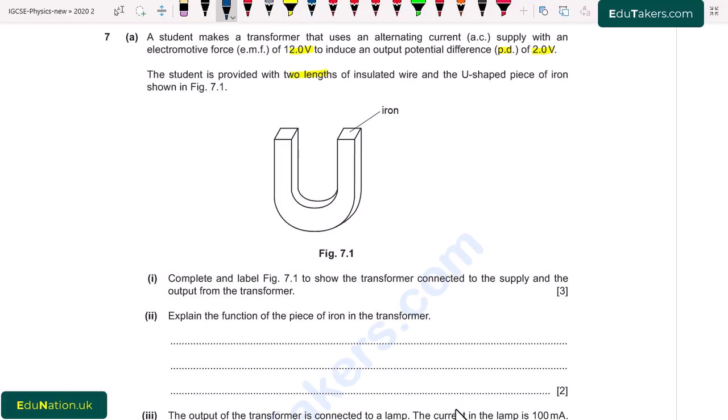So, we need to make a transformer out of this iron and two lengths of insulated wire. So primary and secondary coils should be around these two parts of the iron. We know that a transformer consists of a primary coil and a secondary coil.